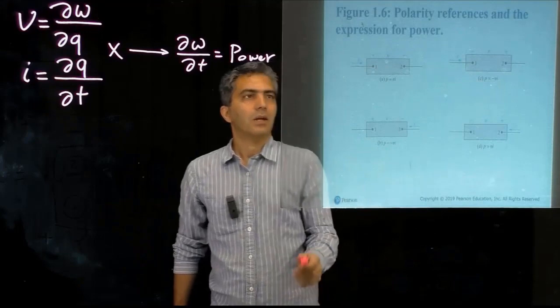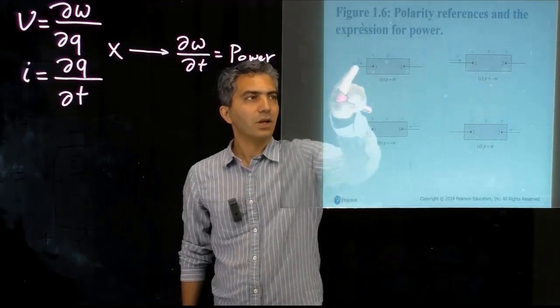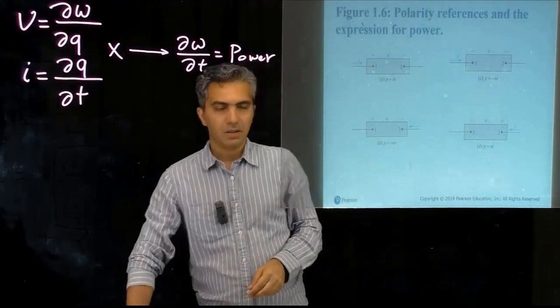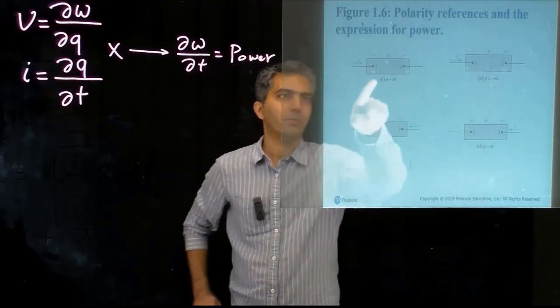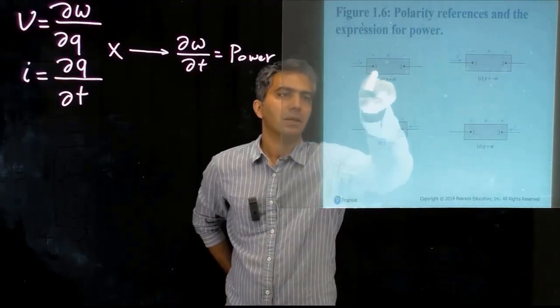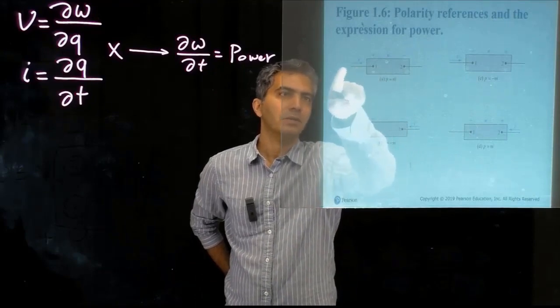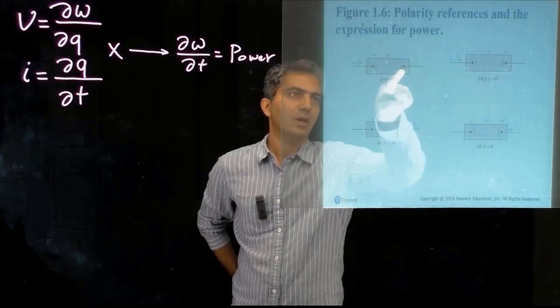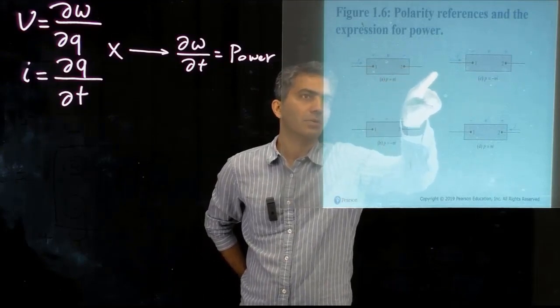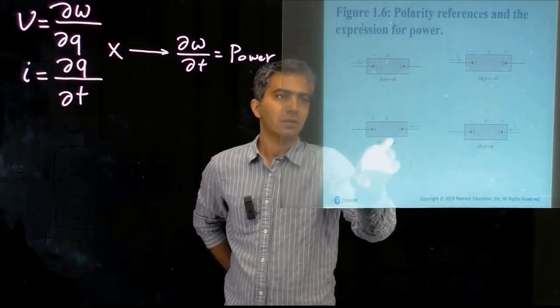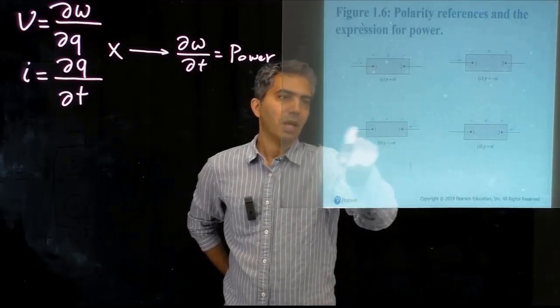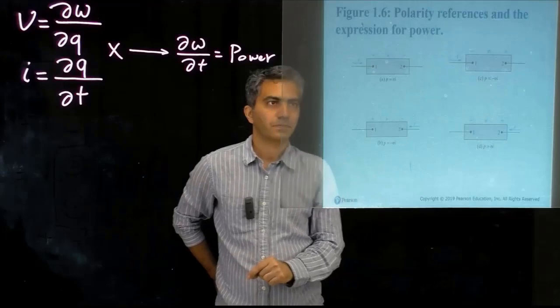Okay? And also the direction of the current is different in each one of these cases. For example, in this example, the current enters the terminal 1 and it comes out of the terminal 2, whereas in these two cases the current is actually entering terminal 2 and coming out of the terminal 1.